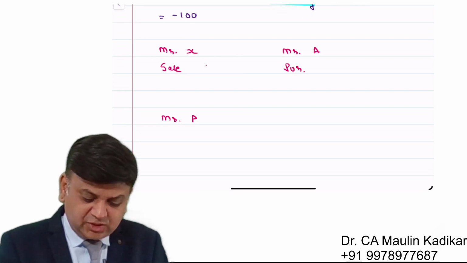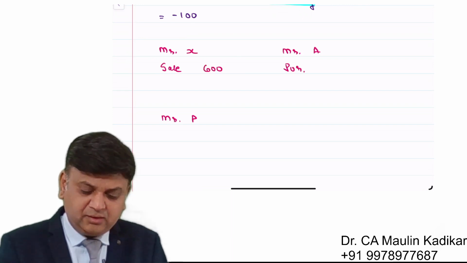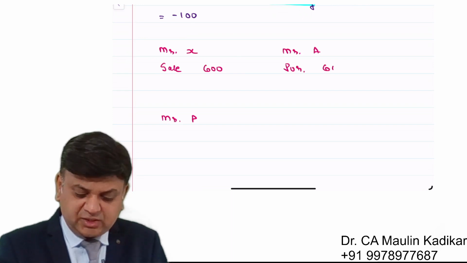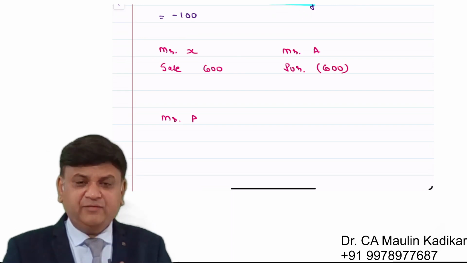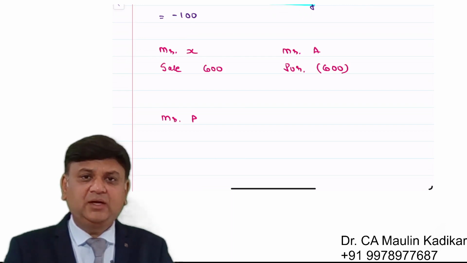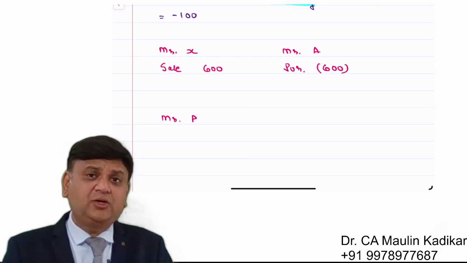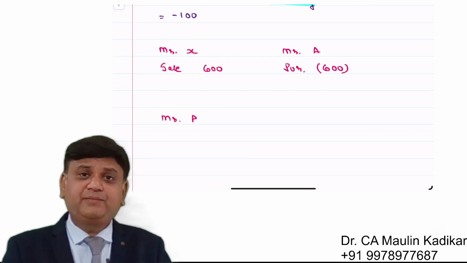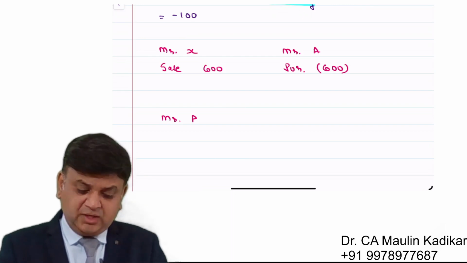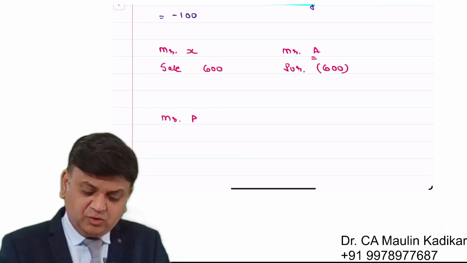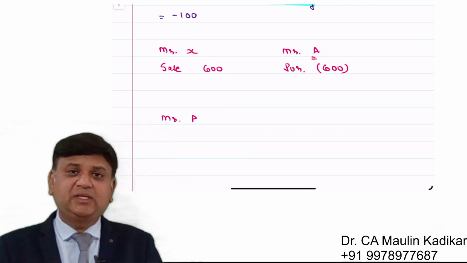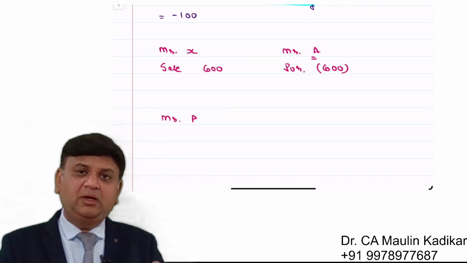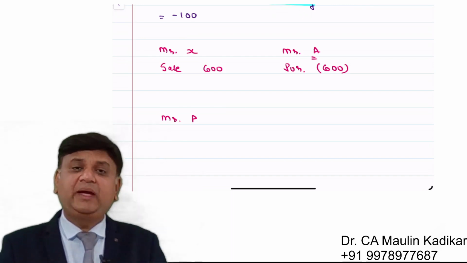Mr. A purchased the security at the rate of 600. By the end of the market, Mr. X has not entered into a transaction for purchasing the security. Now what will Mr. A do? Mr. A will pay his broker an amount of 600 rupees, and he will tell his broker to credit the security to his demat account.